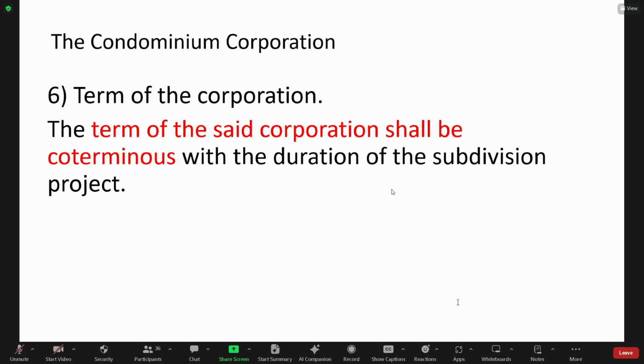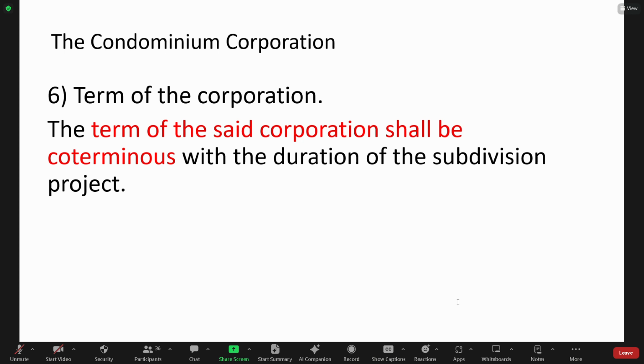So, meaning, hanggat hindi nyo binebenta yung buong condominium project or hindi nyo pinagiba, as long as the condominium project exists, there will be a condominium corporation. Okay? So, hindi na totoo yung 50 years.